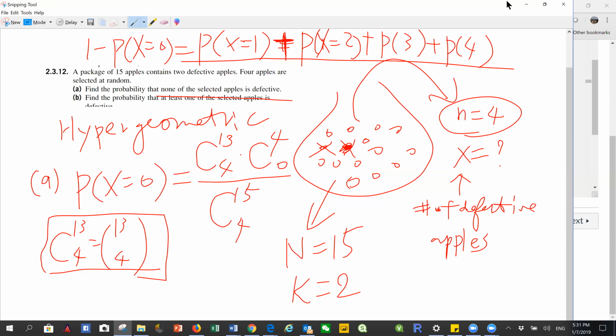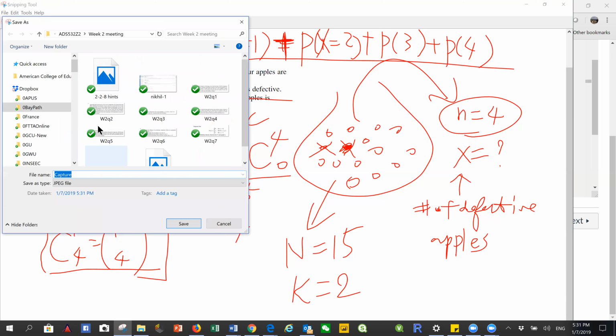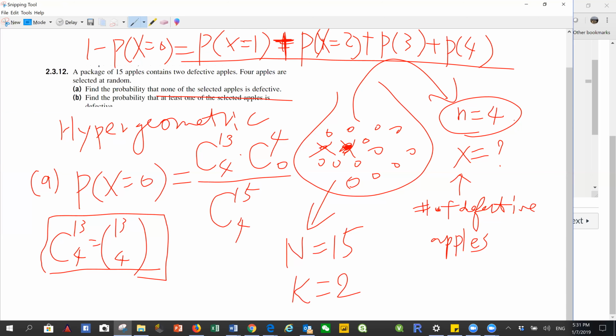So that is 2.3.12. Is there an easier way? Yes.